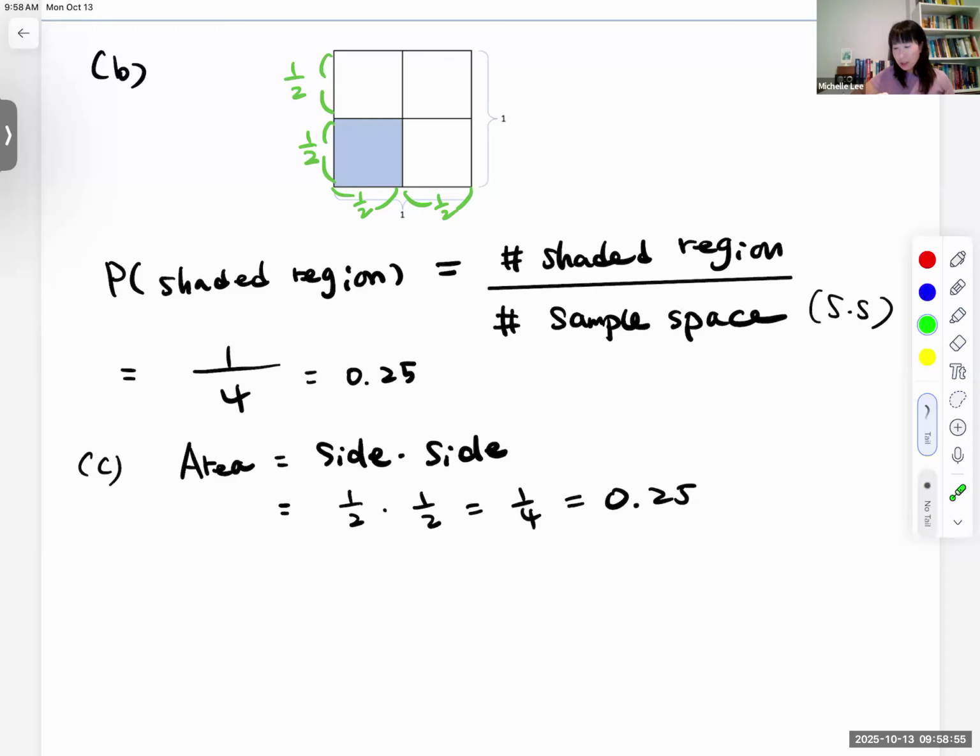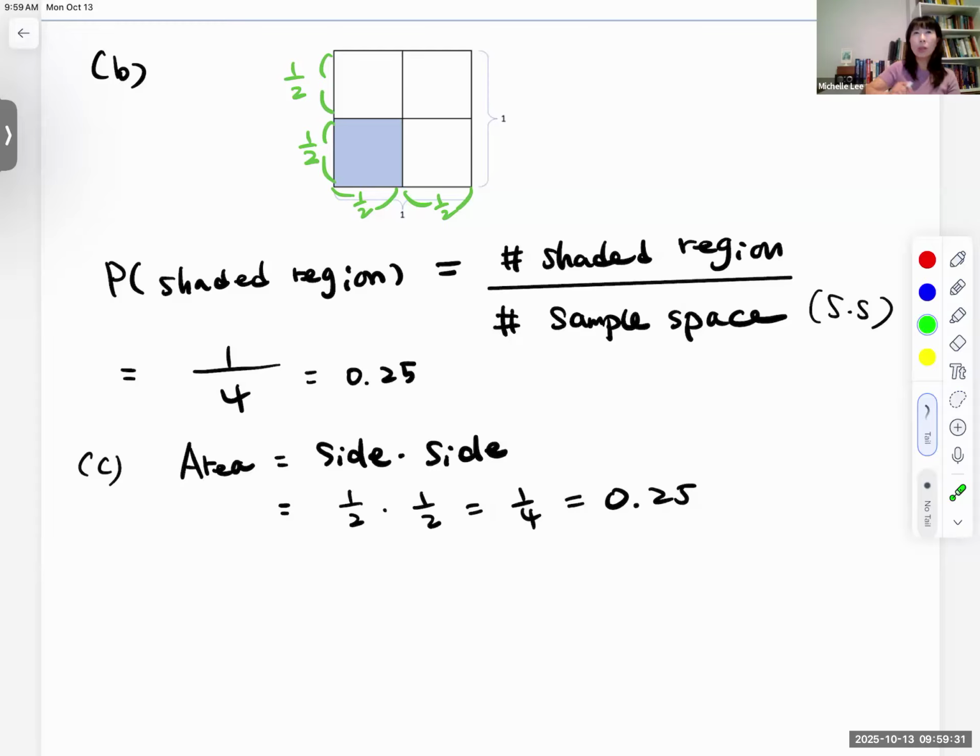That's why they ask us the area. Look, the probability of the shaded region is 0.25. The area of the shaded part is 1/2 times 1/2, the same as 0.25. So we can conclude area is the same as the probability. Make sense?